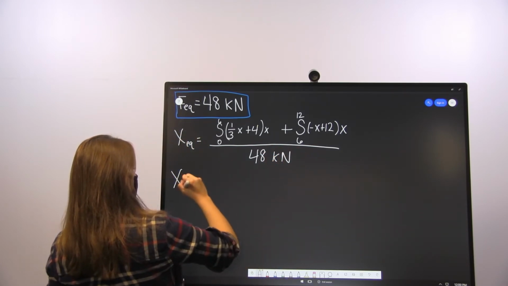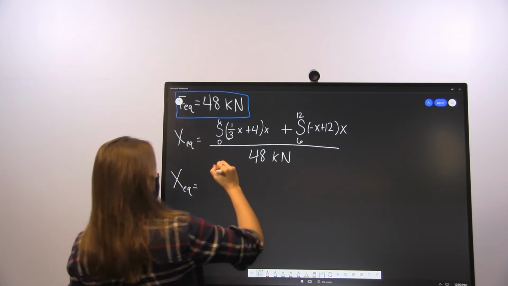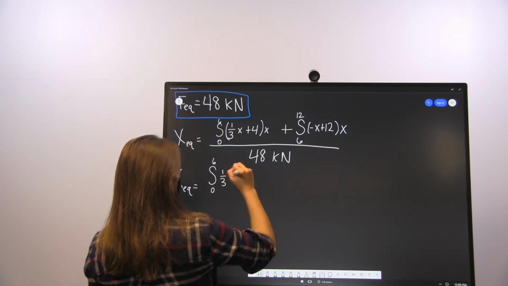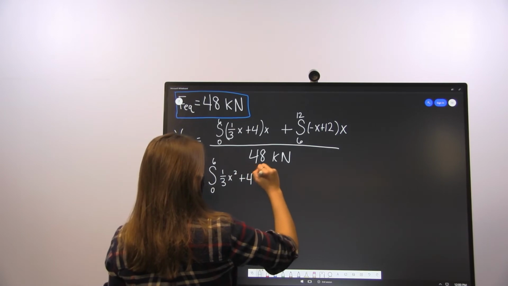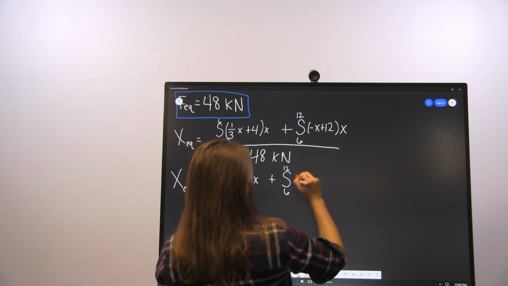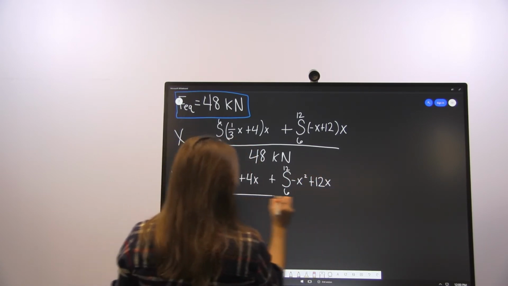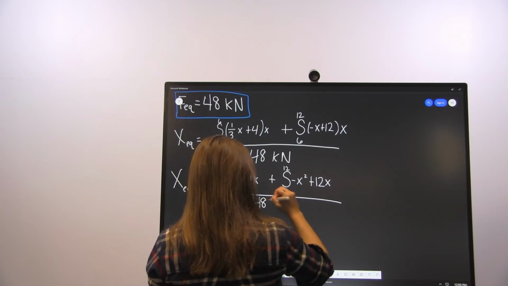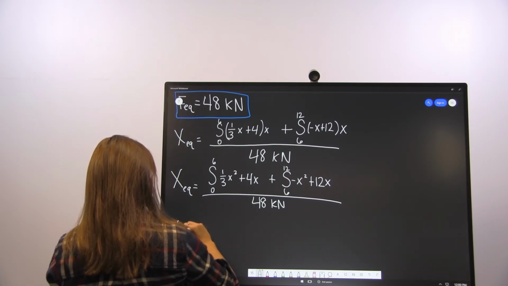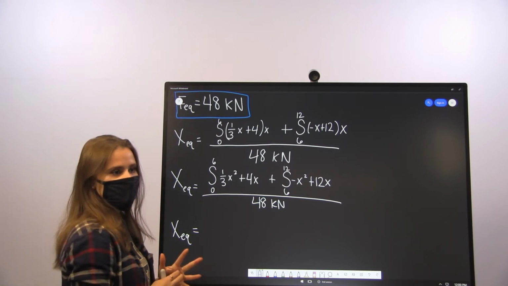So from there, this is just algebra at this point. 0 to 6, 1/3 x squared plus 4x, plus 6 to 12, negative x squared plus 12x, divided by 48 kilonewtons. X equivalent is equal to, and then you're just going to want to take the integral of these.